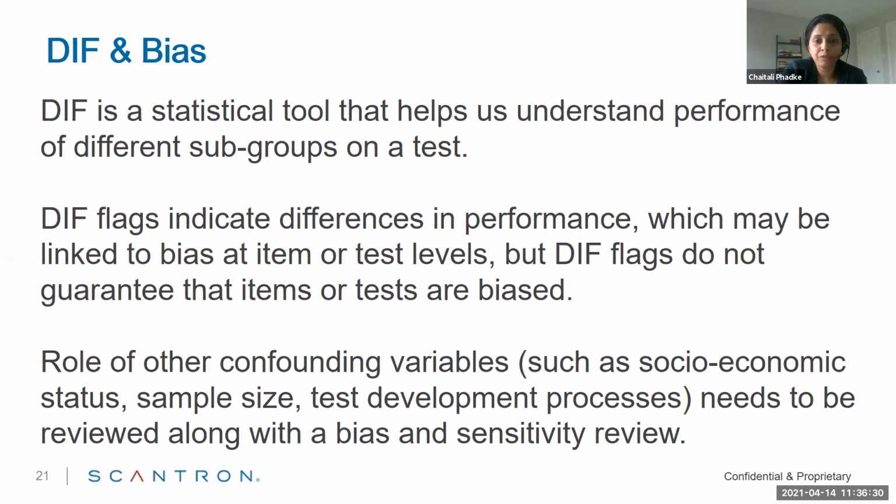What is the role of confounding variables? Were factors like socioeconomic characteristics of the group considered? What are the sample sizes? The content experts also need to be a part of the process from the beginning of the exam development cycle. So strong DIF values can indicate bias, but they don't get.